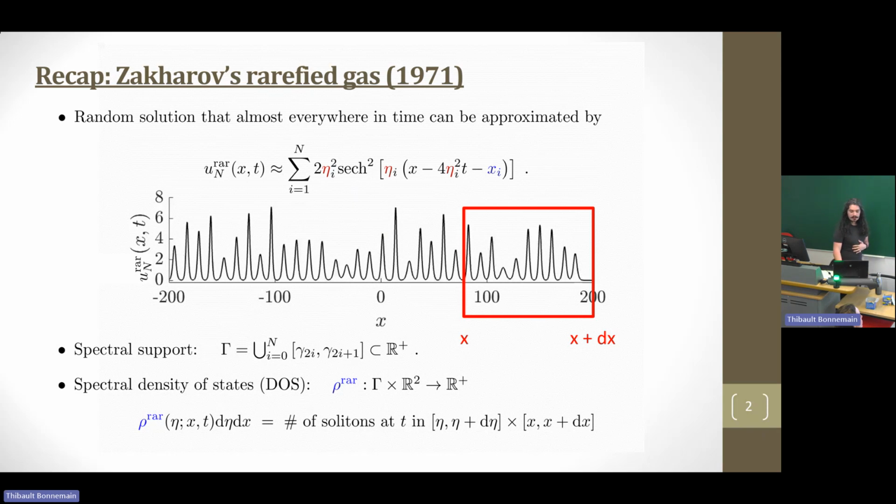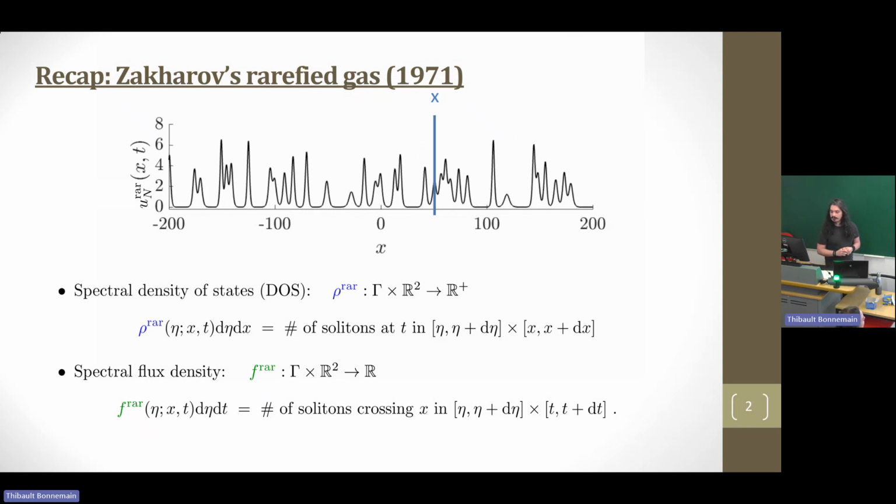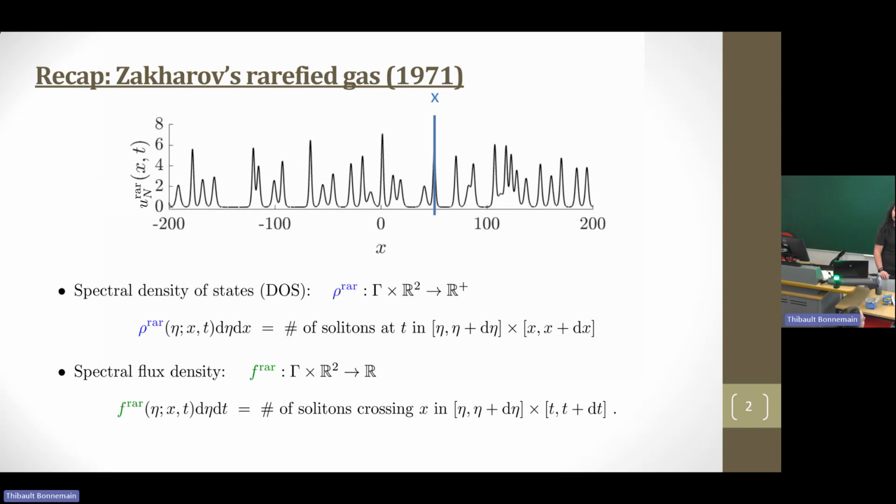The last thing I can introduce is the so-called spectral flux density, which counts the number of solitons that are passing through a point X with parameters in the vicinity of eta, in the vicinity of time. Okay. Right. Those two objects are what I need to describe the statistical properties of my gas.